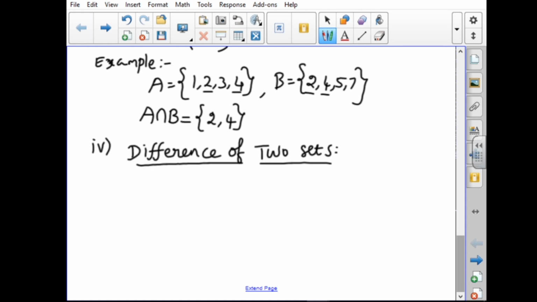The definition is: let A and B be two sets, the difference of sets A and B is the set of all elements which are in A but not in B. It is denoted by A minus B.